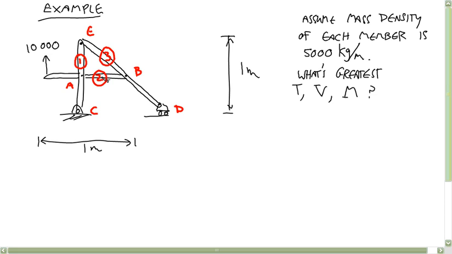Okay, so go ahead, talk out loud, work on this problem, get the external loads on each member, and by the way, present these external loads.